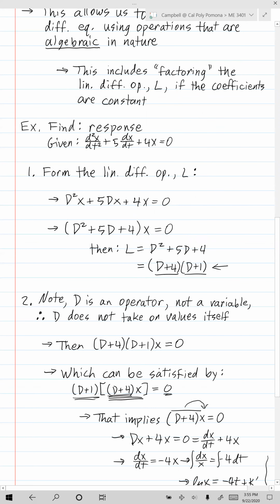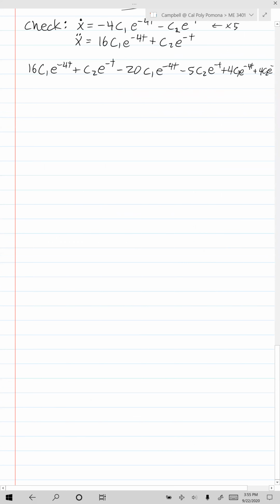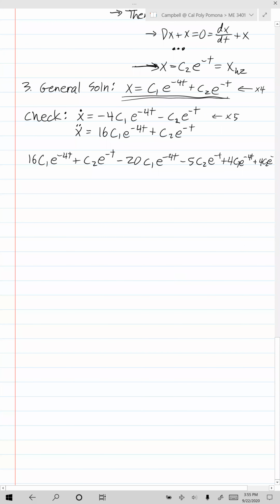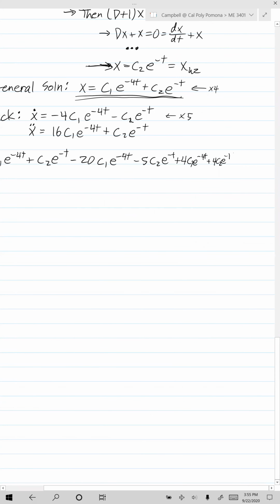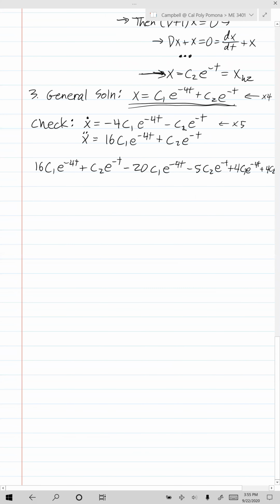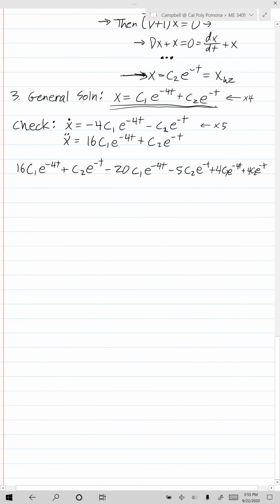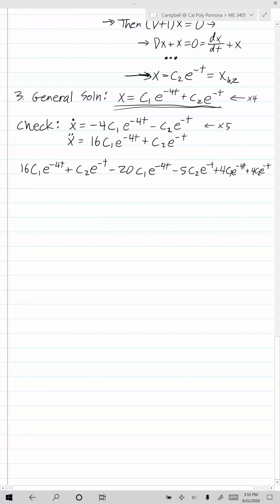Let's see if I can slide it over. There we go. E to the negative t. Perfect. So with that, what can we see? Well, I have 16c1 e to the negative 4t plus 4c1 e to the negative 4t. That's 20 on the positive side. Here's my negative 20.